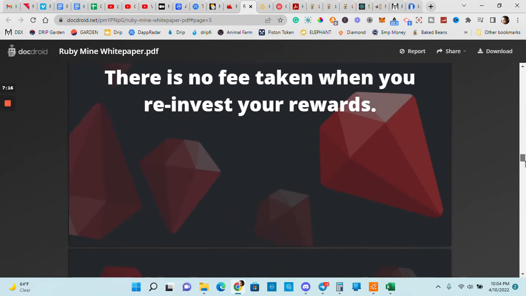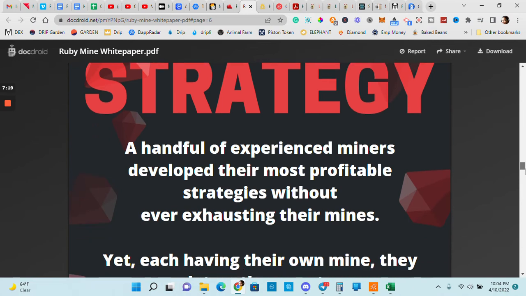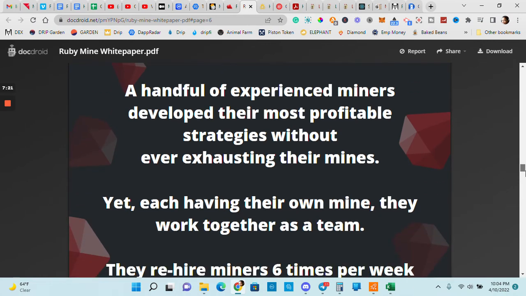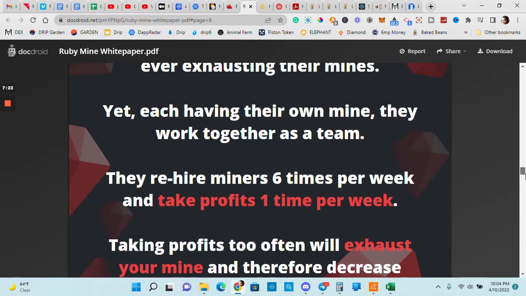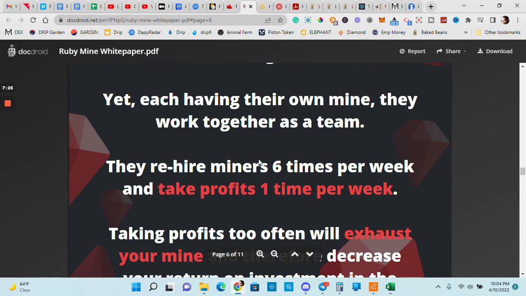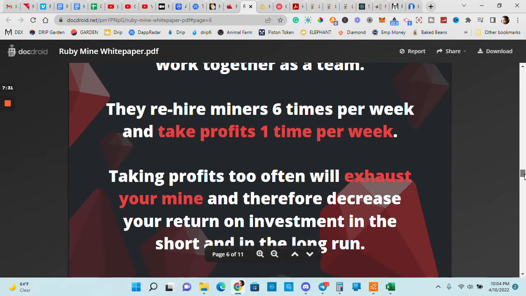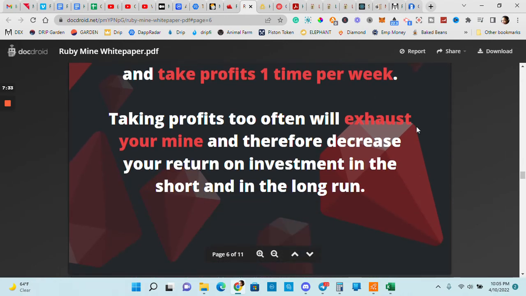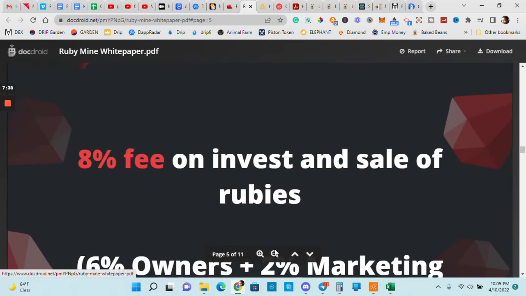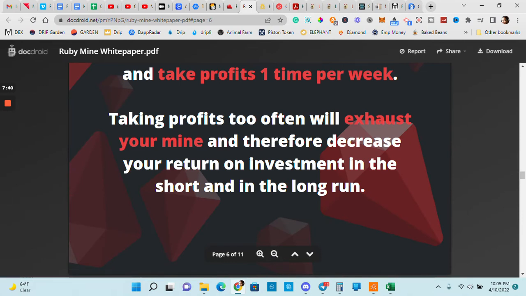So when you recompound, there is no fee. All right, here we go. So you want to rehire miners 6 times per week and take profits 1 time per week, just like I mentioned earlier. Taking profits too often will exhaust your mine and therefore decrease your return on the investment in the short and long run.